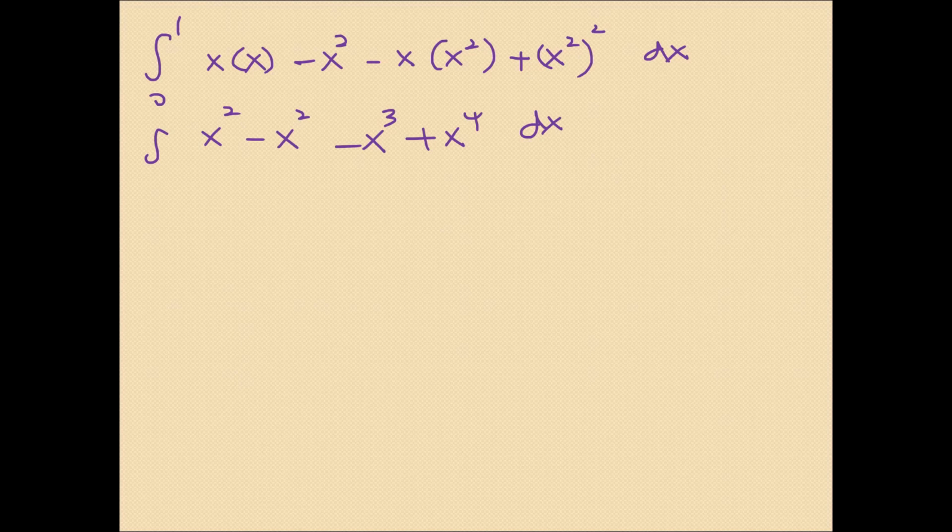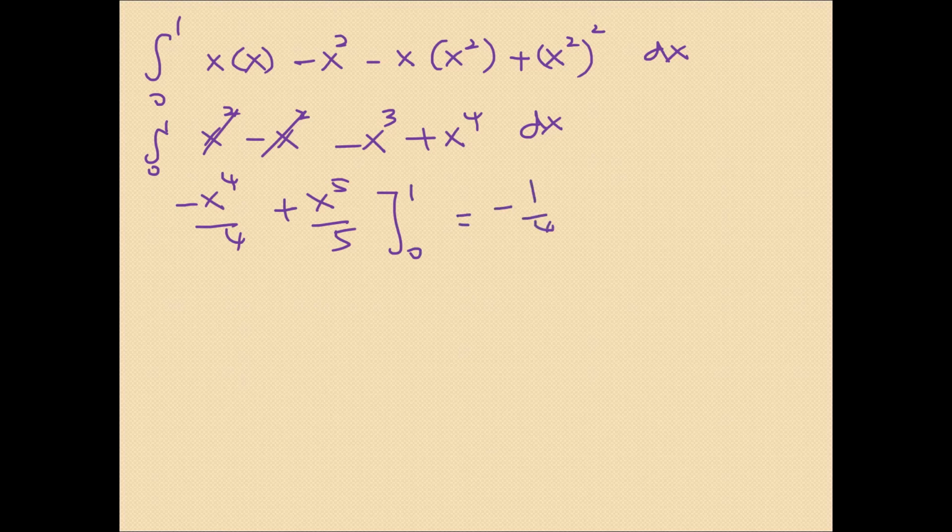Now integrate with respect to x: you get x cubed over 3 minus x to the power of 4 over 4 plus x to the power of 5 over 5, from 0 to 1. The x cubed over 3 term gives 1 over 3 and the rest gives negative 1 over 4 plus 1 over 5, so the answer is negative 1 over 20.